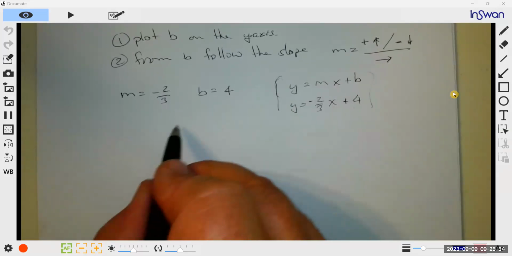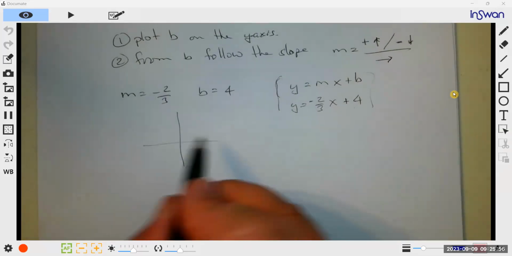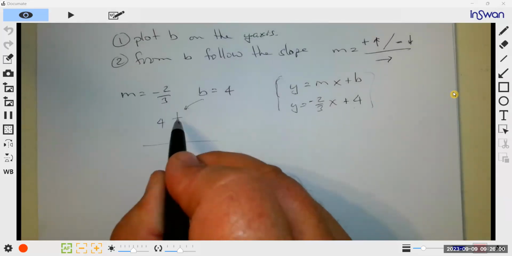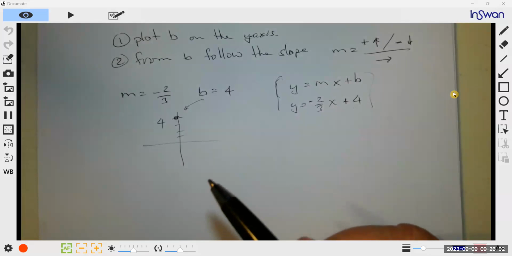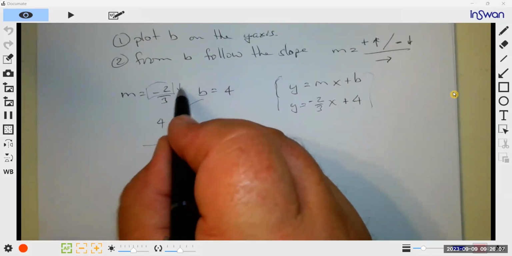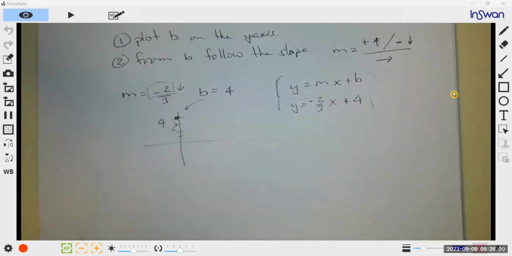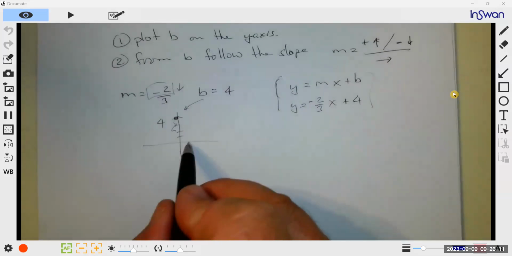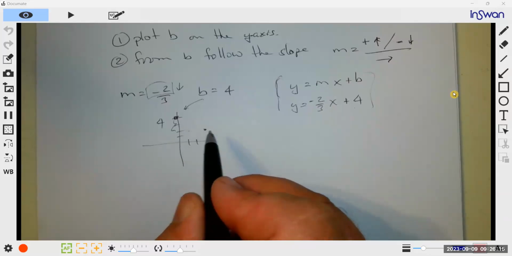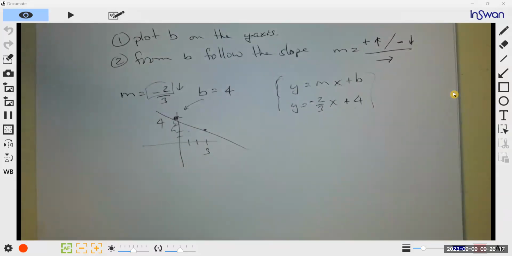So I know my y-intercept is 4. 1, 2, 3, 4. So I put that point there. The slope is -2/3. So you go down 2 spaces and over 3. 1, 2, 3. Plot the points, connect the dots, and you're done.